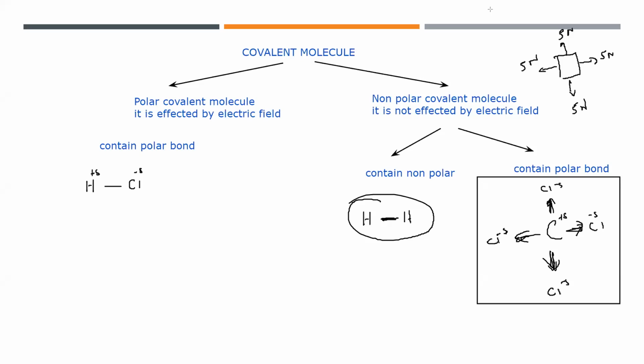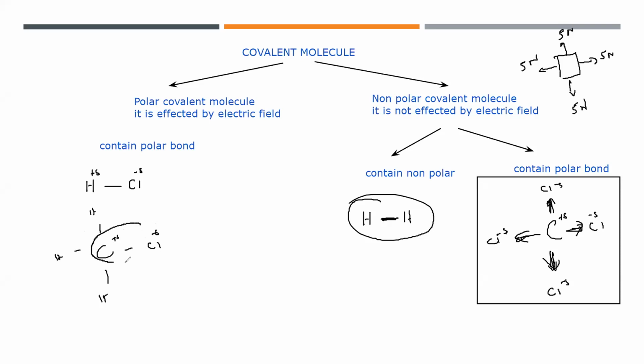Same thing, for example, if one of the chlorines is replaced by hydrogen, so three hydrogens and one chlorine, partial negative, partial positive, and hydrogen electronegativity is approximately the same as carbon. So what kind of molecule is this?